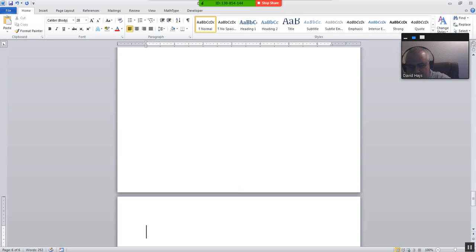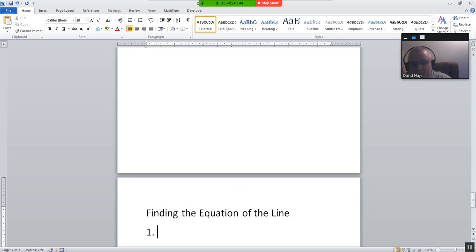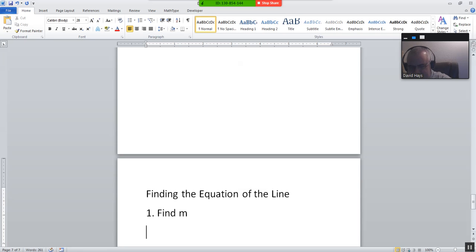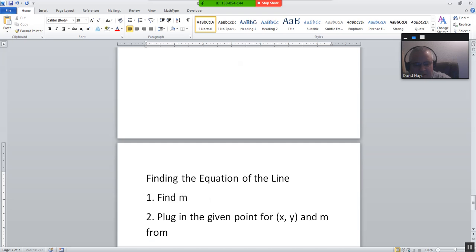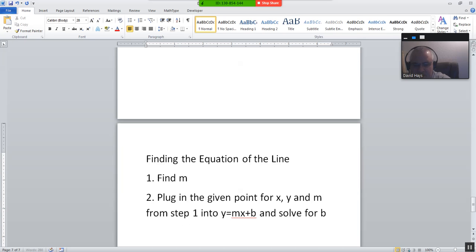We're going to take a look at finding the equation of the line. Now our first step is to find m. Second step is to plug in the given point for x and y, and m from step 1 into y equals mx plus b, and solve for b.